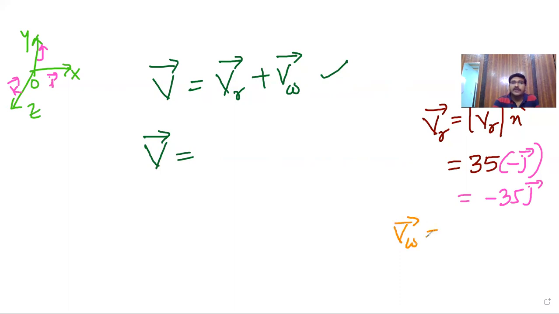Similarly, observe, VW bar, the wind, is the magnitude of wind velocity into the unit vector in that direction. So wind is having a magnitude of how much? Here I am showing, the magnitude of wind is 12.